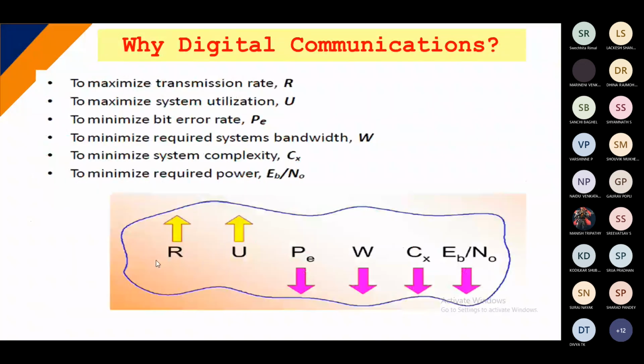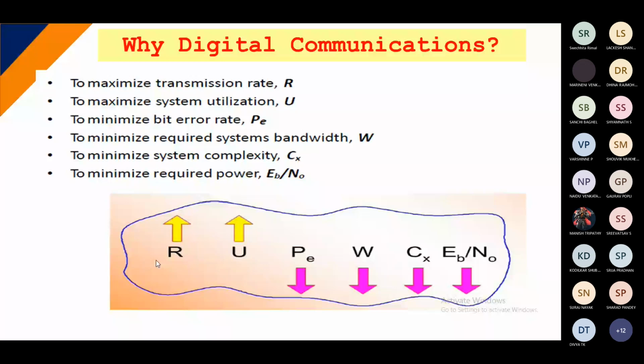So these are the basic requirements for any block, to maximize the transmission rate. Based on that, we will have to maximize the system utilization, but in that context we have to minimize the bit error rate, which I told you is one of the performance metrics.